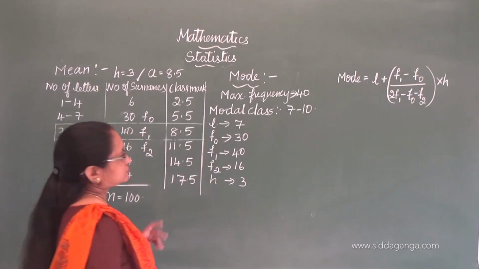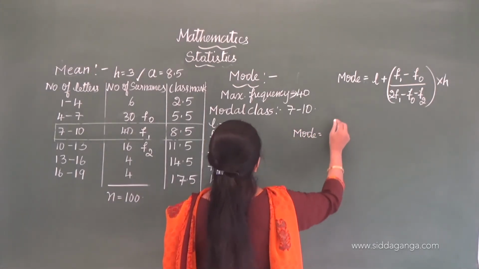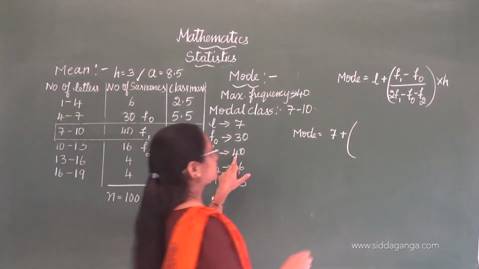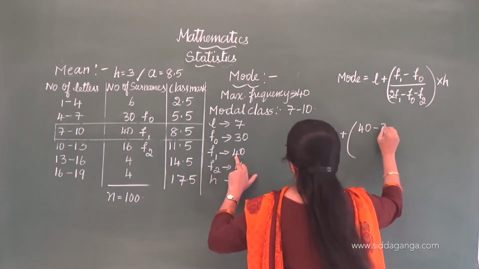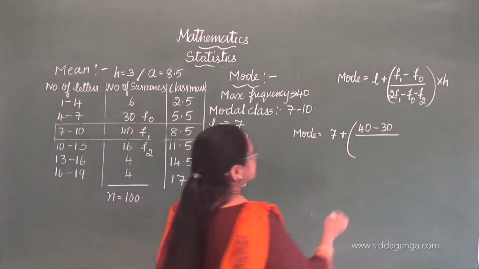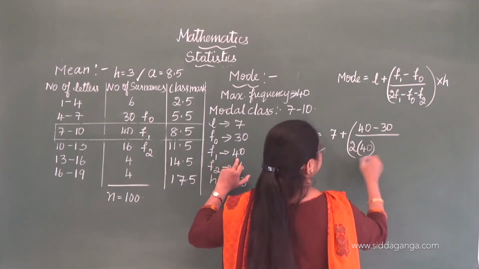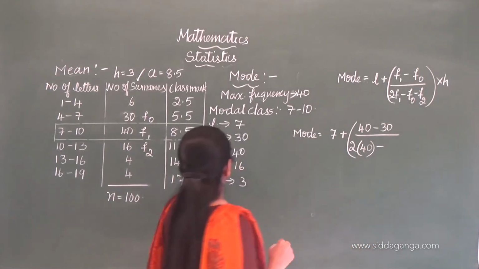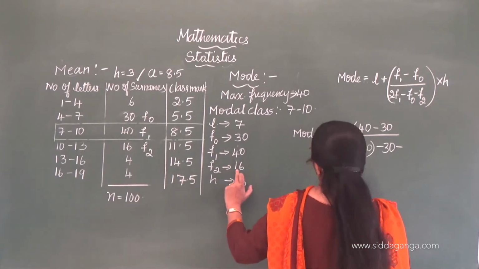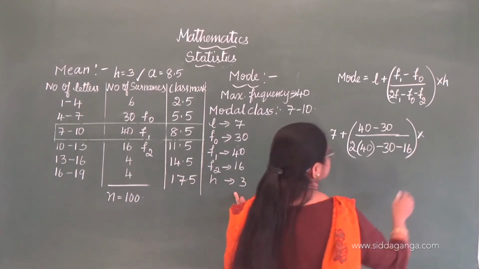Okay. I think we can find out mode is equal to L. What is L? L is 7. Now F1 minus F0 divided by 2F1 minus F0 minus F2, into H. 2F1 is 2 into 40, F0 is again 30, F2 is 16, into H. H is how much? 3.